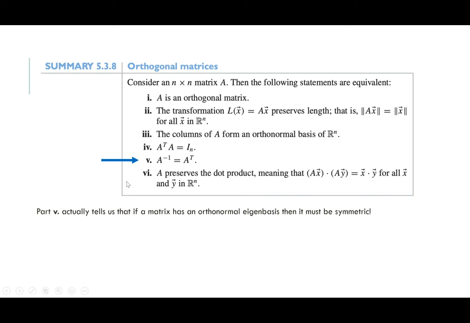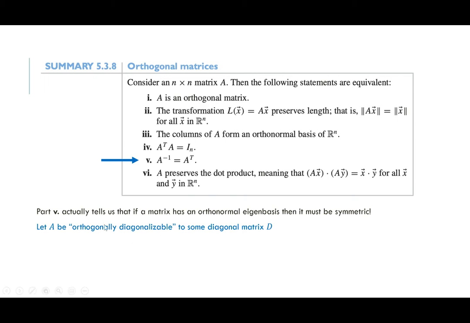And we can use this to prove that if a matrix has an orthonormal eigenbasis, then it has to be symmetric. So let's do it. Let A be, quote-unquote, orthogonally diagonalizable to some diagonal matrix D. So orthogonally diagonalizable means it's diagonalizable and its eigenvectors, or the eigenbasis, are orthonormal.